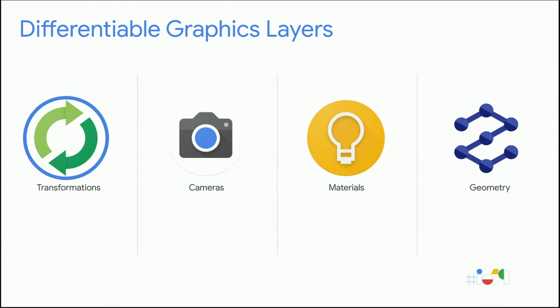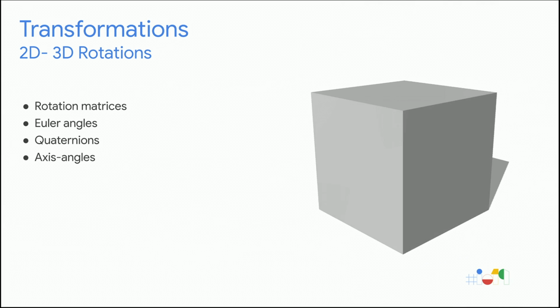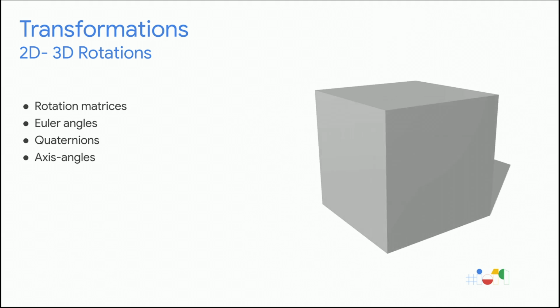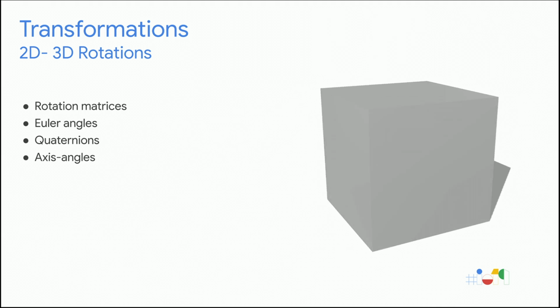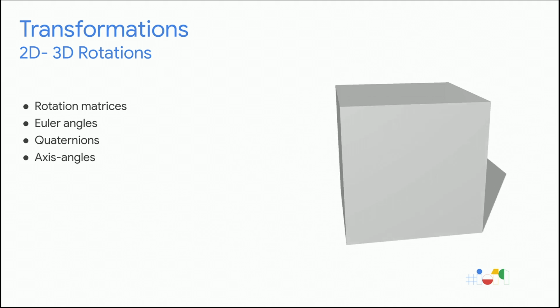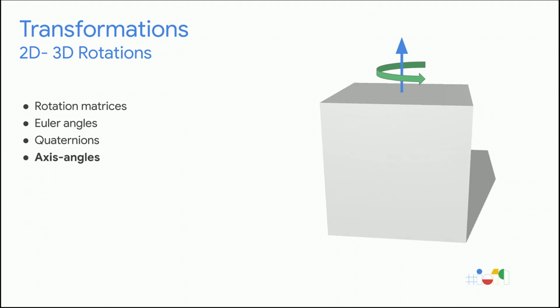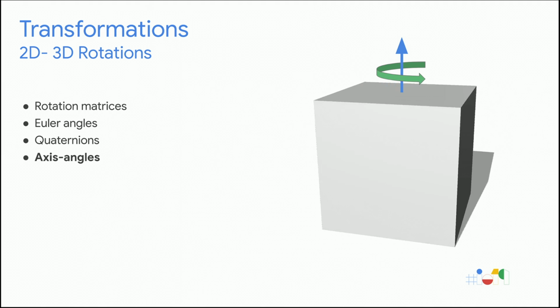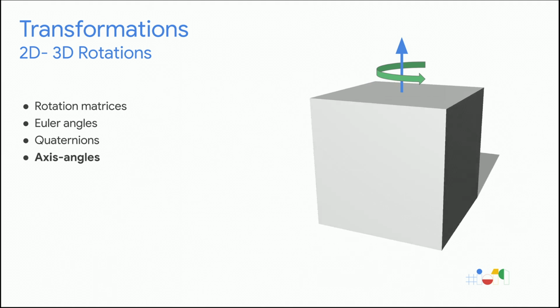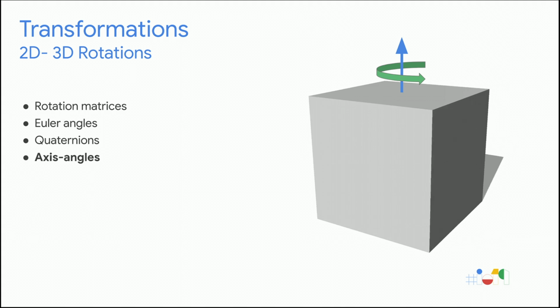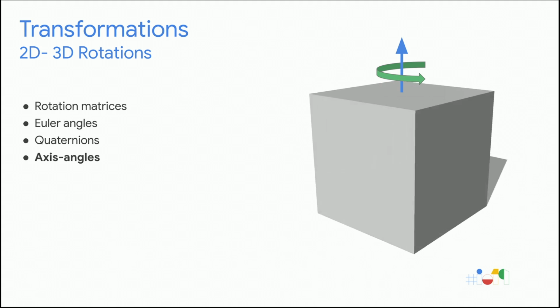OK, so now let's jump right in and see how 3D transformation can be expressed using TensorFlow Graphics. One basic building block for manipulating 3D shapes are 3D rotations. In TensorFlow Graphics, we are providing a set of classical representations and also implemented functions to convert between them. One easy way to represent rotation is by using an axis and an angle defining how much the object needs to rotate around this axis.